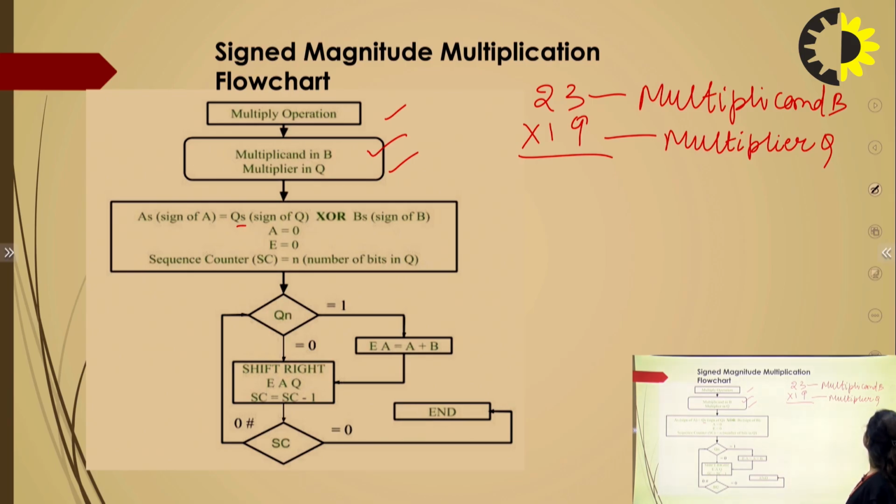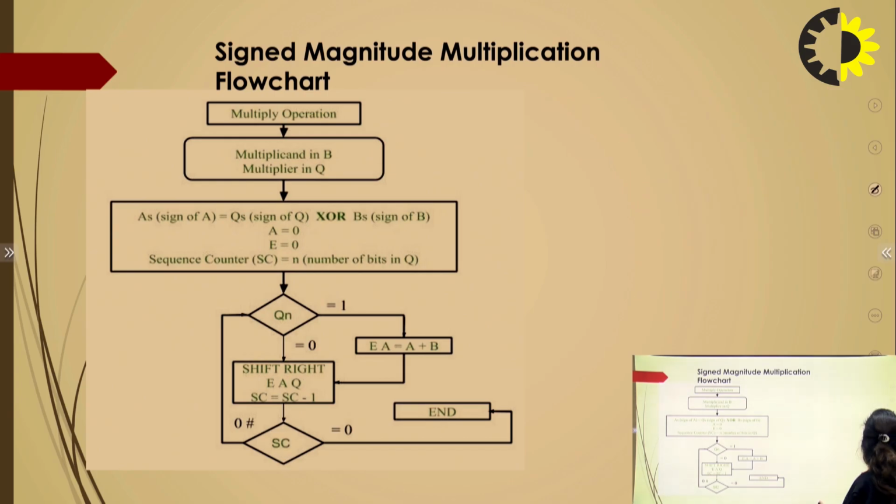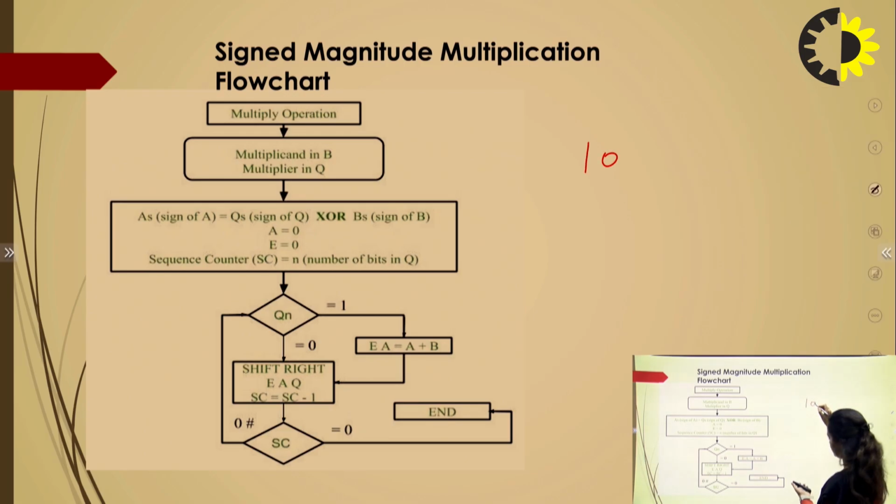In the case of this multiplier, as we know that the binary equivalent of 19 is 10011, what we are doing is multiplying 10111 with 10011.